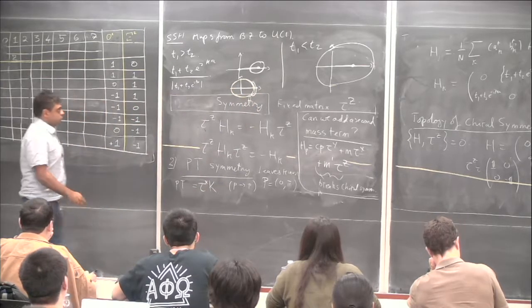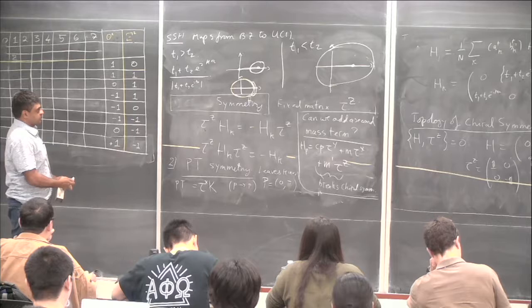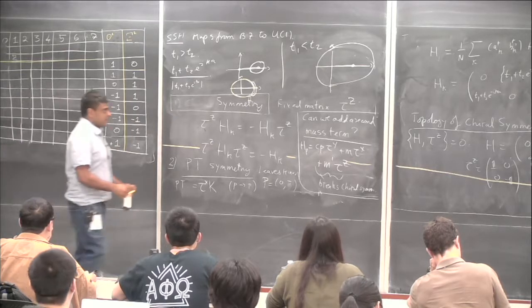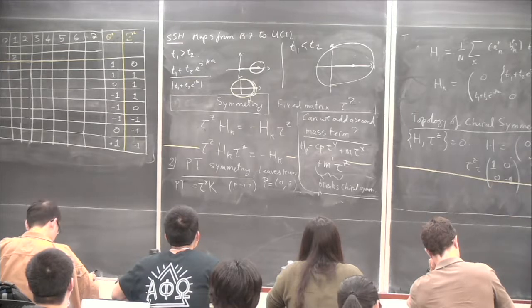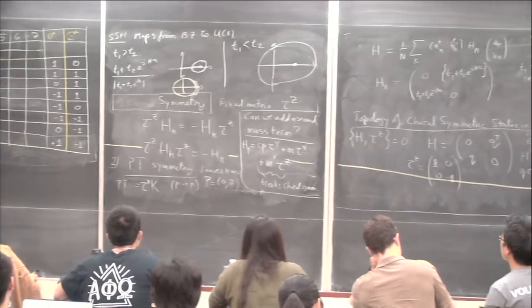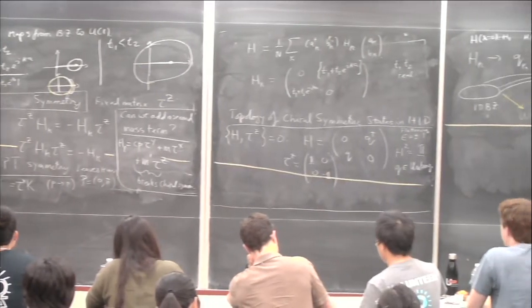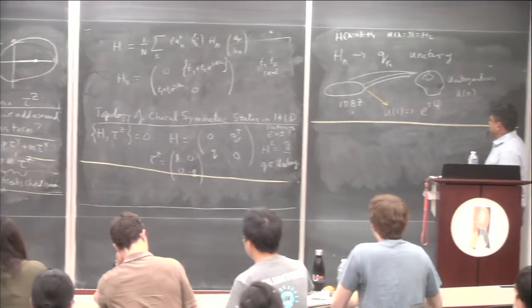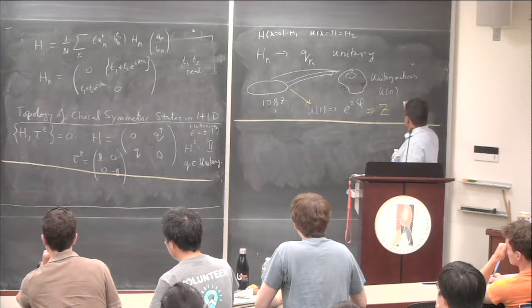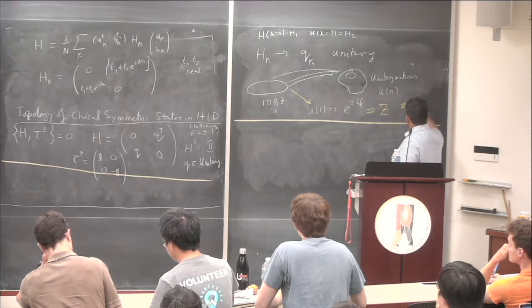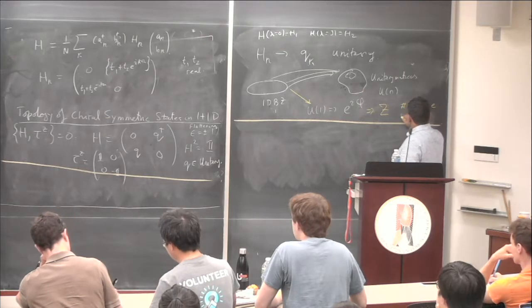So you see that these two cases actually represent topologically distinct maps, and the mapping of the Brillouin zone to the circle, of course, the equivalence classes, the really topologically distinct maps, are labeled by an integer, okay, which is the number of times you wrap around the circle.